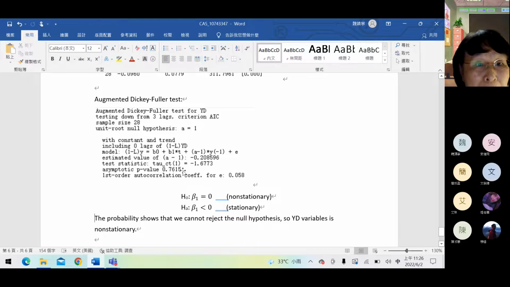But in EViews, they show the p-values and also the critical value approach. They have shown two approaches, but Gretl just shows the p-value approach only. Oh, thank you, teacher. Okay, so we didn't see any critical value here.